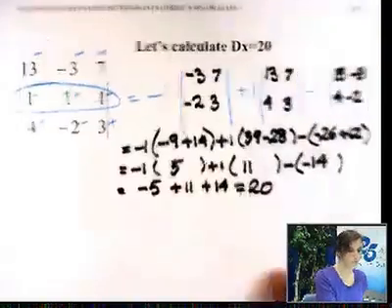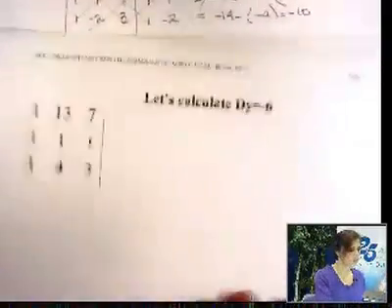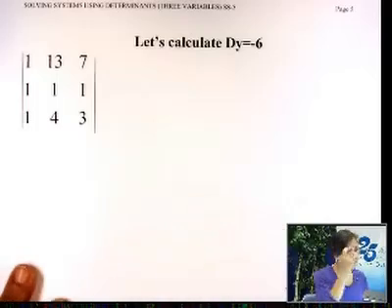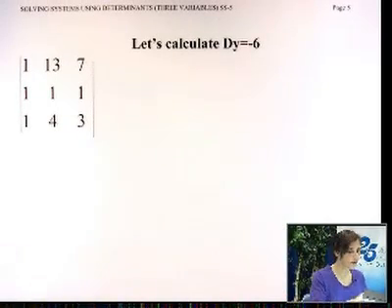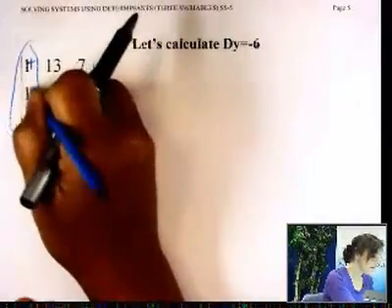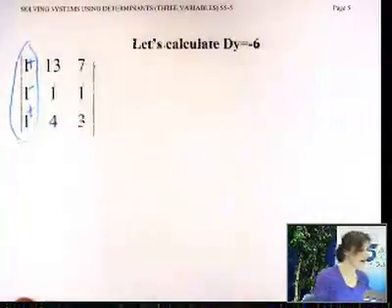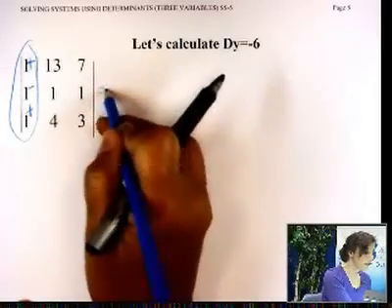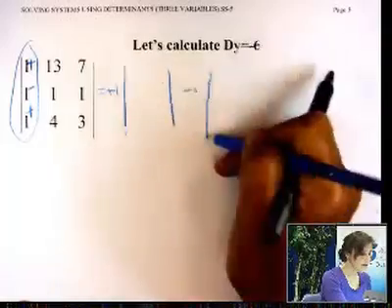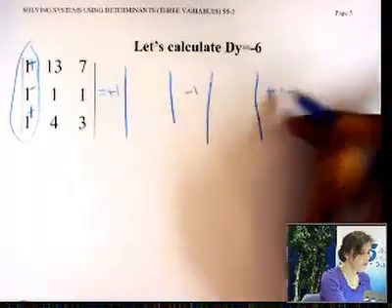All right, let's go do the dy. Okay, I'm going to expand that one with respect to the first column, just for fun. So that's plus, minus, plus. So that means it's plus 1, minus 1, plus 1.